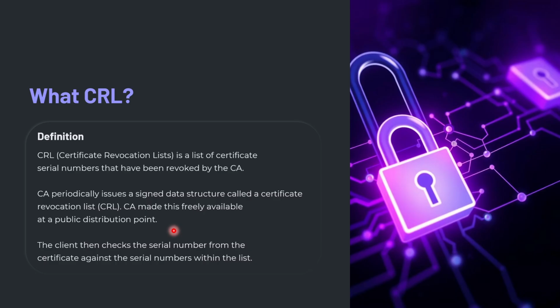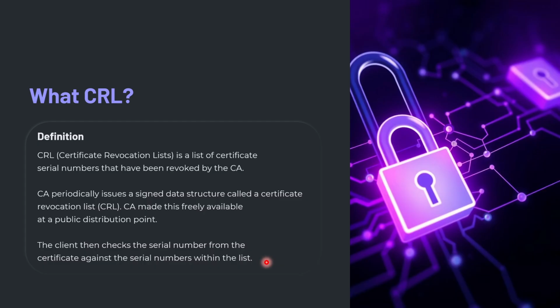Now, how it goes is the client or the site will check the serial number from the certificate against the serial number within the list. So what does this mean? I'll explain it in a bit more detail.